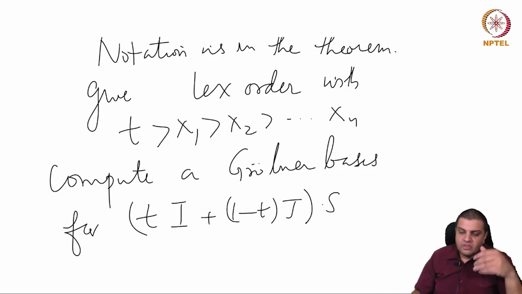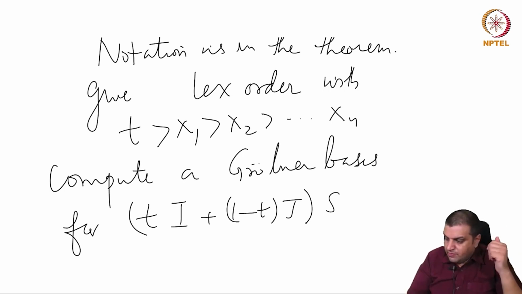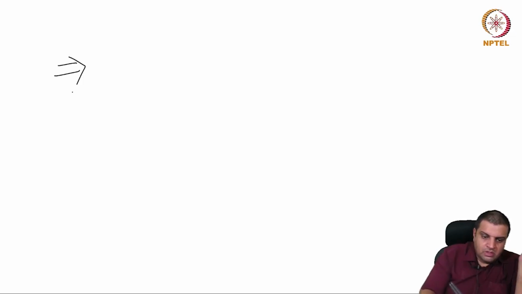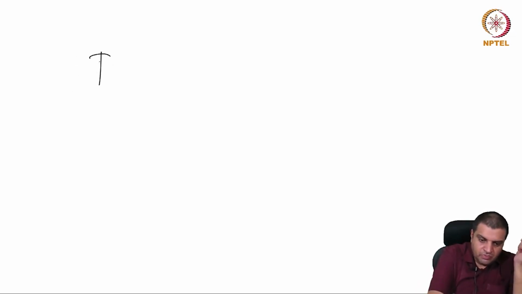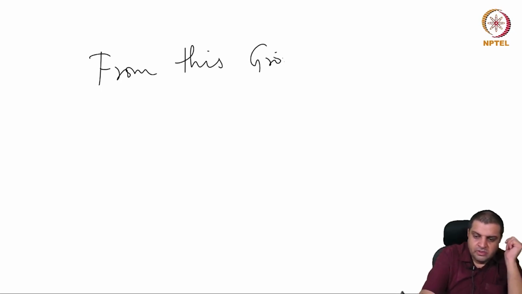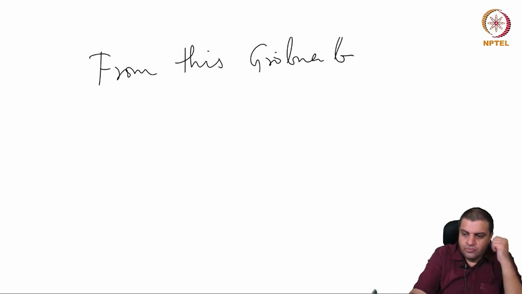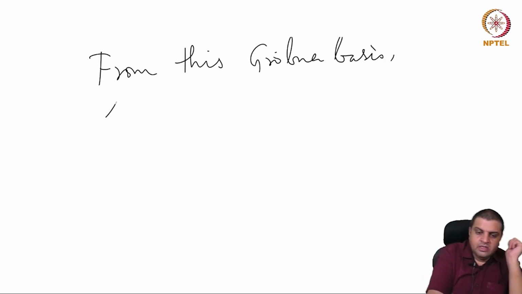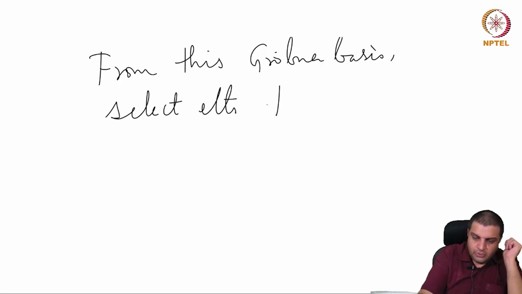Okay, and so this would now imply, from this Gröbner basis, select elements that do not involve t.